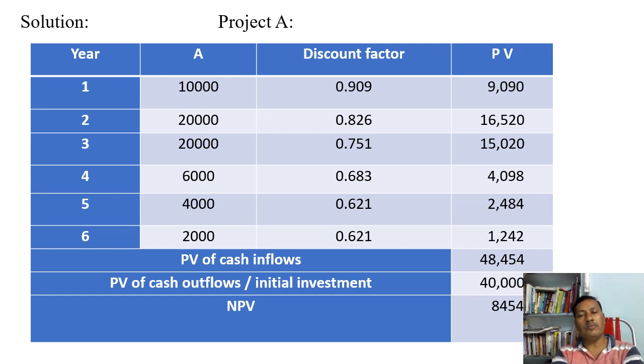That's the time value of money. Like this you have to do for 6 years. The present value of the cash inflow will be 48,454 for all the 6 years, and the present value of the cash outflow or initial investment is given 40,000. So the net present value is 8,454.